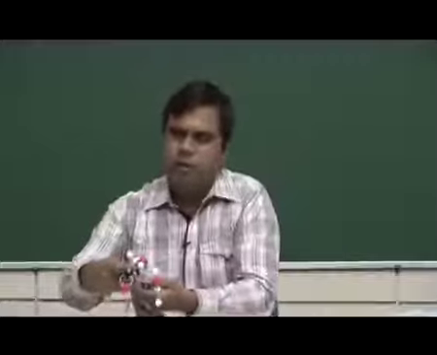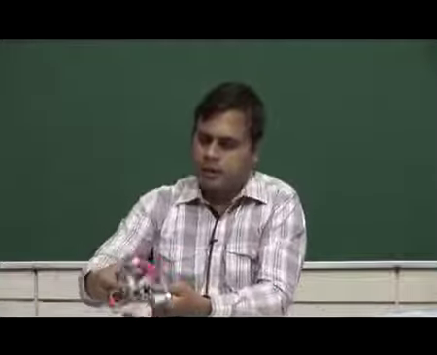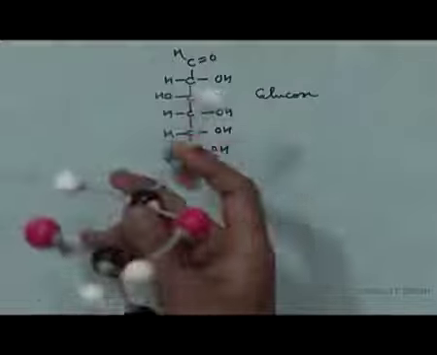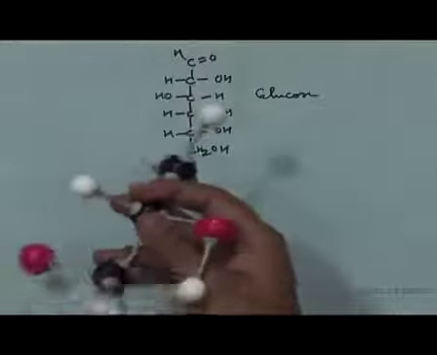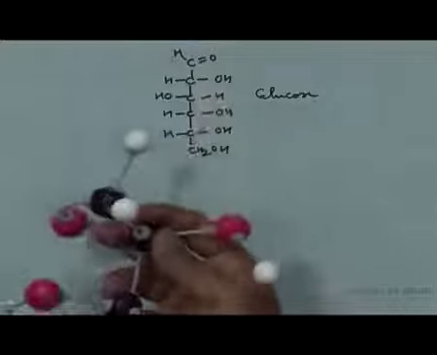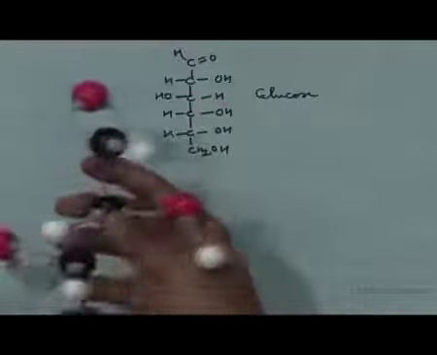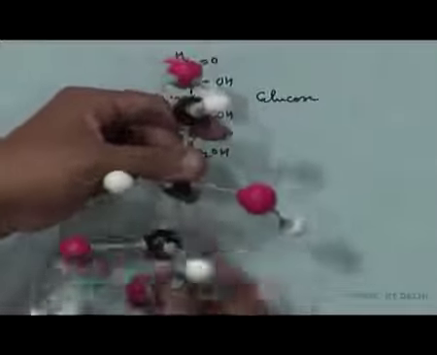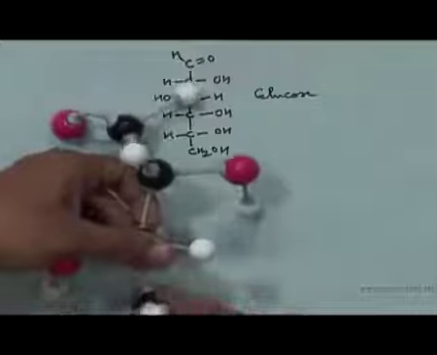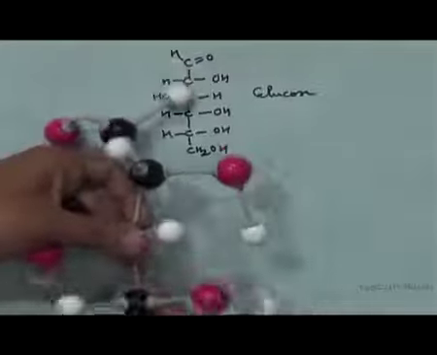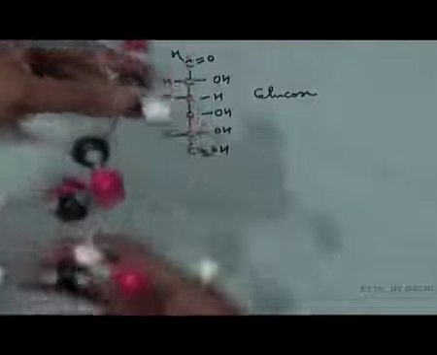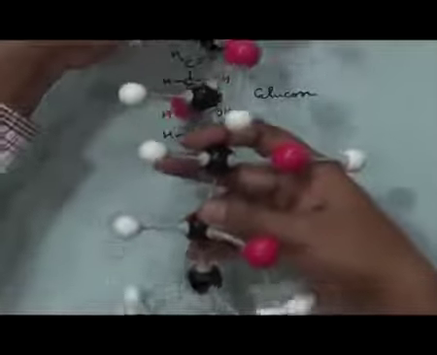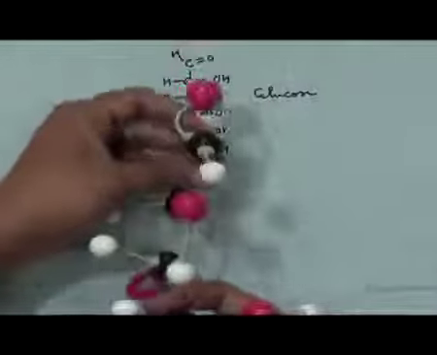You can just pay attention that it's very difficult to keep it in a, let me put it again. Yeah. In this case, you can see that this is the CH2OH and this is aldehyde.